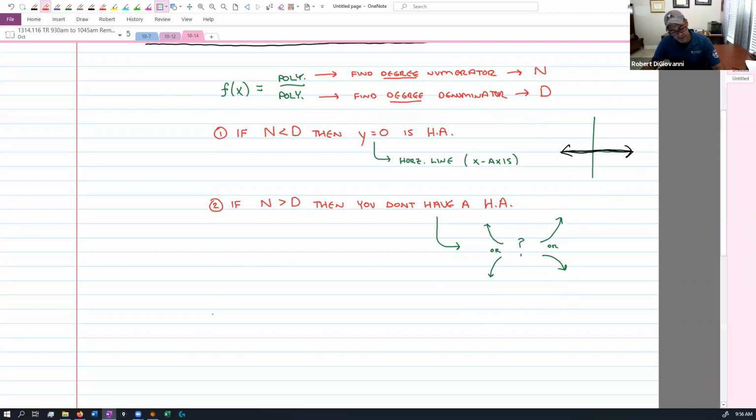And then the last case is if the numerator and denominator have the same degree, they're equal. Then we do have a horizontal asymptote. The first case was just y equals 0, the x-axis, that was all nice. This one, if they're the same, is going to be a horizontal line, y equals the LC of the numerator divided by the LC of the denominator. What do I mean by LC? We used this a couple of days ago.